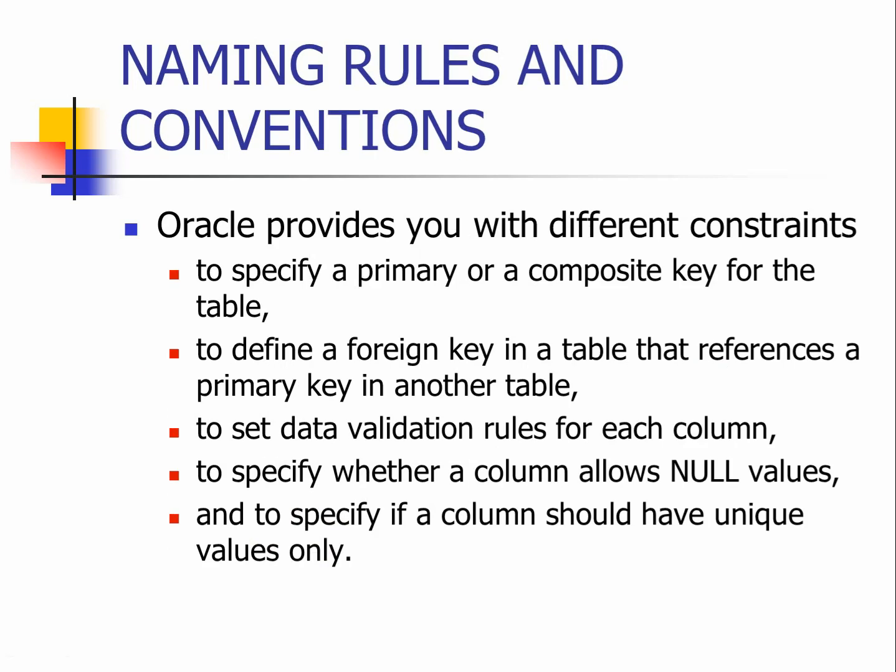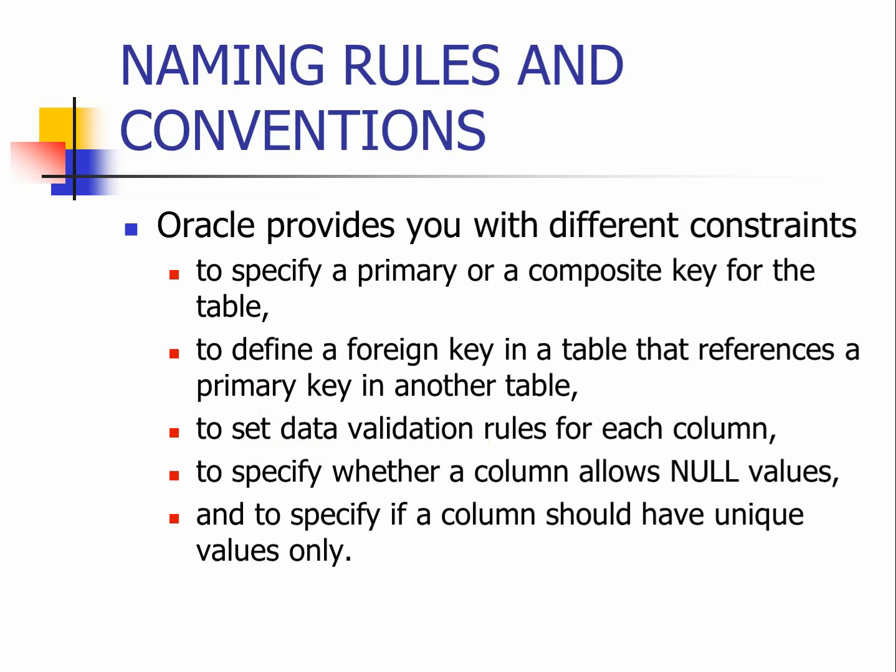So Oracle provides you with the following different constraints. You will be able to specify the primary key, and sometimes the primary key is a composite primary key, indicating that more than one attribute is underlined. To define the foreign key in the table that references another table's primary key, we can also do that. We can set data validation, so that, say, the total amount of hours you can work is not more than 40 hours, something like that.